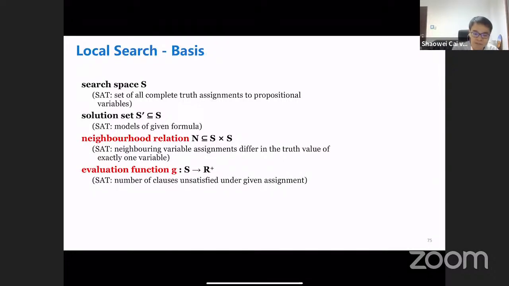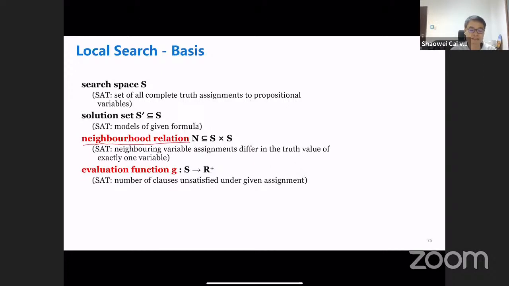We have the search space, which consists of all complete truth assignments. In this search space, some of the complete assignments are models, are solutions. Then we need to introduce a neighborhood relation. This is algorithmic.